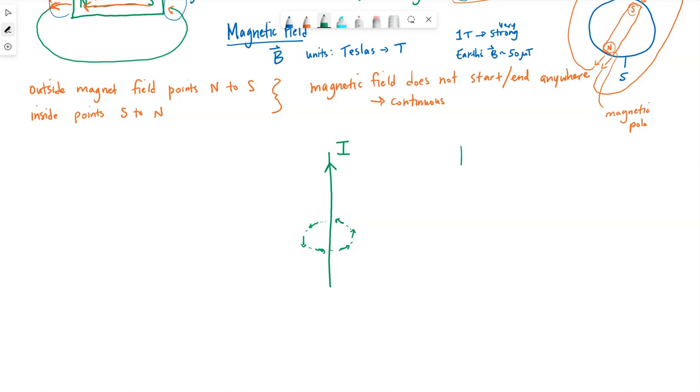If the current was flowing down, and we think about the similar circle, those little compass needles also lined up tangent, but in the opposite direction.